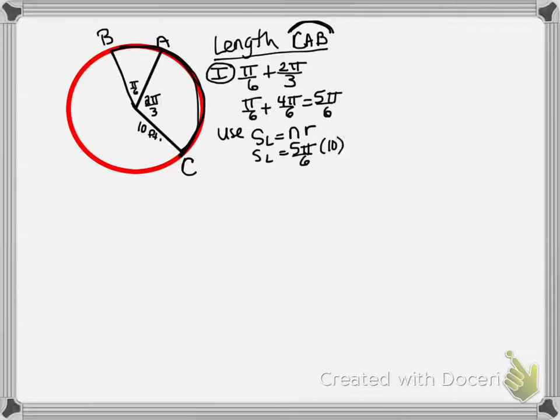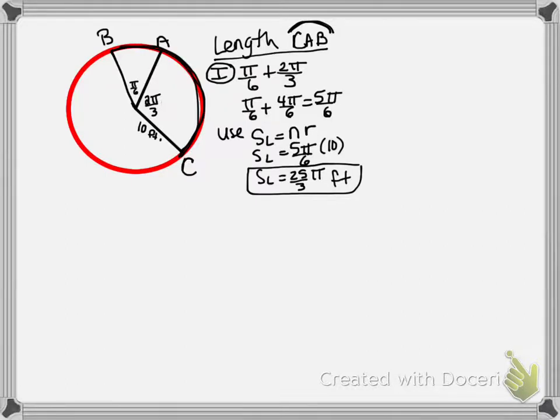So I get 50 pi over 6, or 25 over 3 pi, in feet. If it says to leave it in terms of pi, that would be it, or you put it in your calculator if they tell you to round.